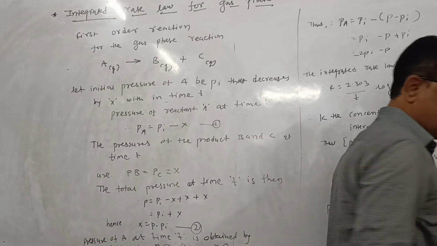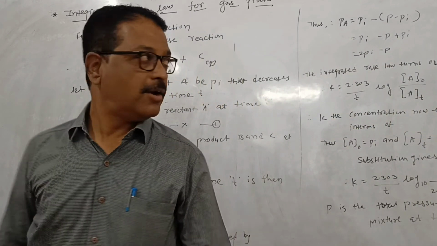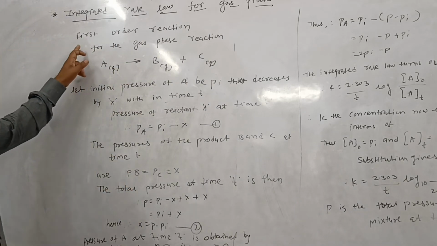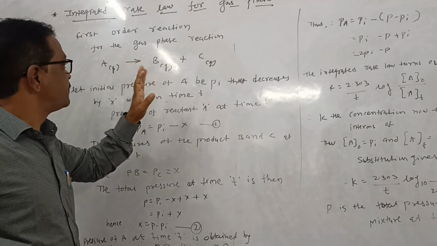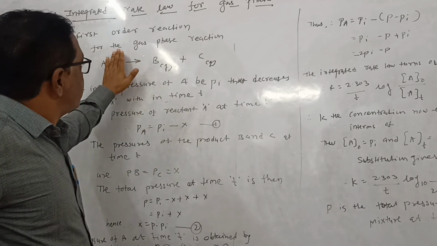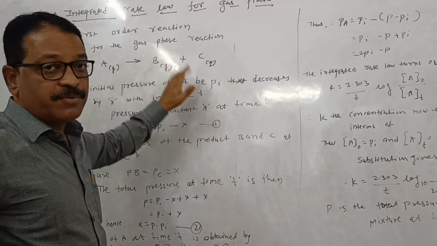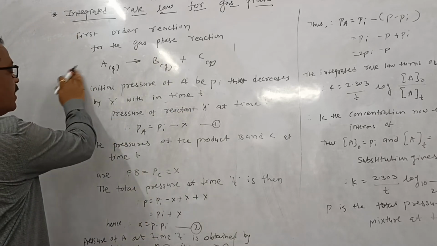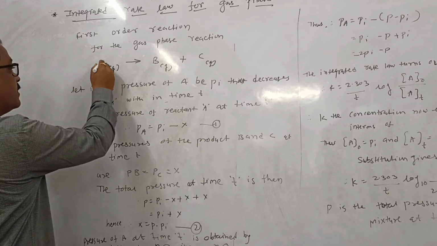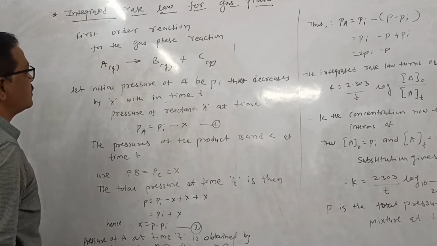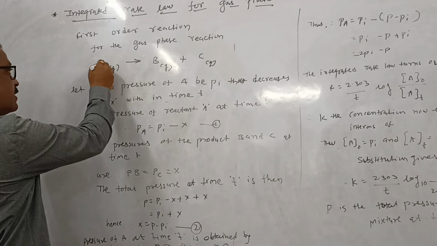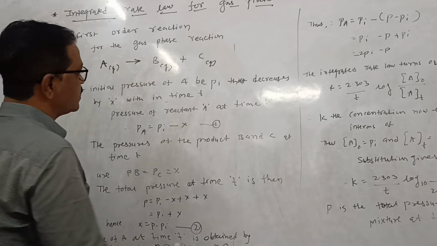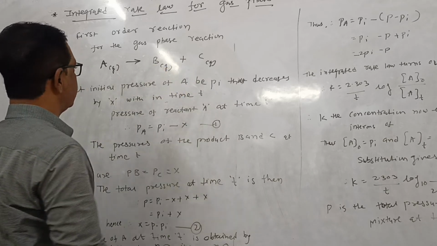Now first order reaction for the gas phase reaction. Consider, for example, A is the reactant to produce B plus C.